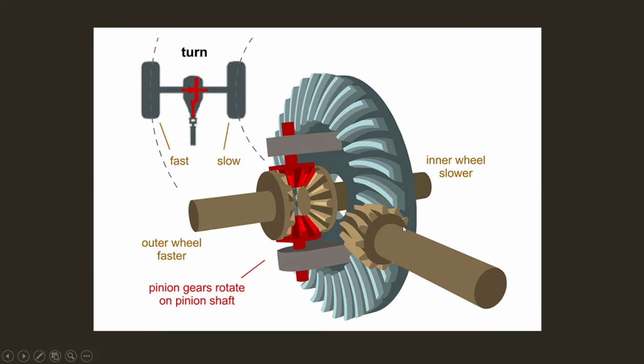One point in this arrangement is that we have to transmit the power at 90 degrees, and then only can we transmit it to the drive wheels. For transmitting the power at 90 degrees, it has a bevel arrangement here. That is, a pinion is meshed with a crown at a 90-degree angle, and the crown has more teeth than the pinion because we get a gear reduction at this point.